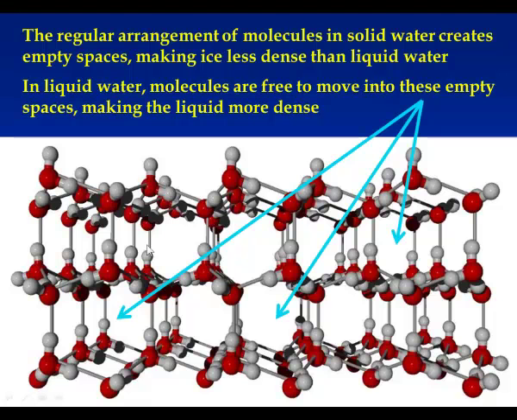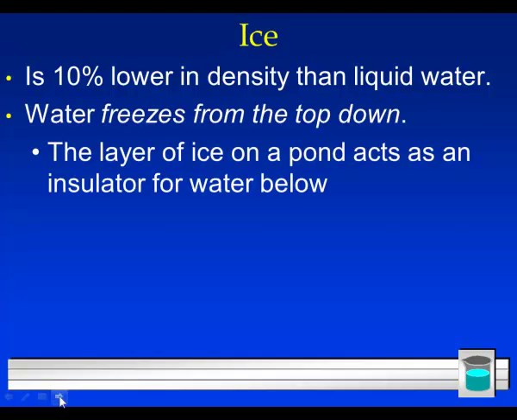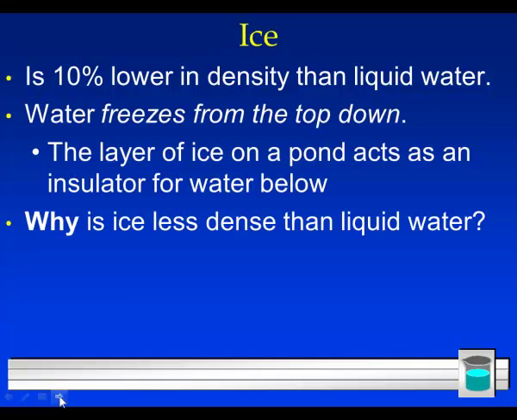Of when water ice melts, these water molecules that are now locked into these honeycomb arrangements can start filling in these spaces, and that's what causes liquid water to be more dense than solid water. About 10% difference between the density of ice and liquid water, and so the ice floats on the surface.